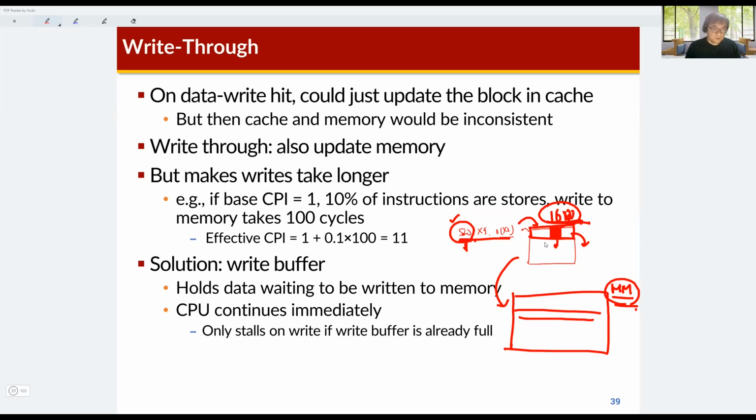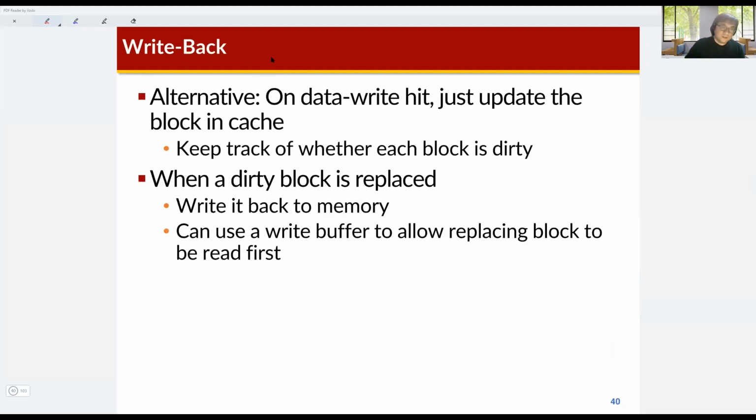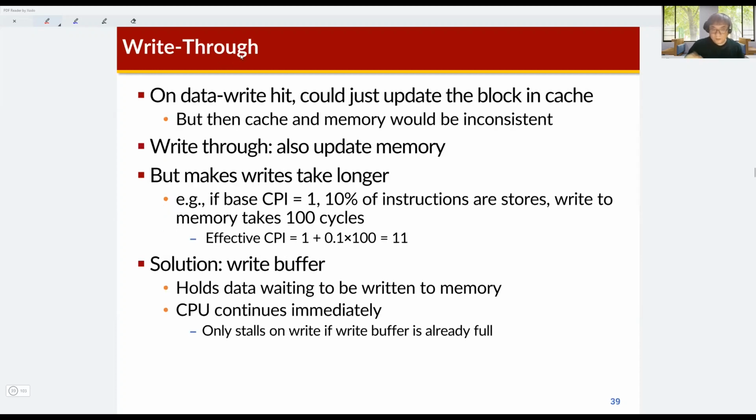Then what should we do for this write operation? So there are two kinds of methods for handling the write operation between the cache and main memory. The first handling method is write-through, and the second is write-back. Okay, so let's see what write-through and write-back are.